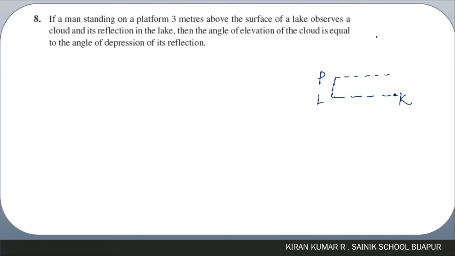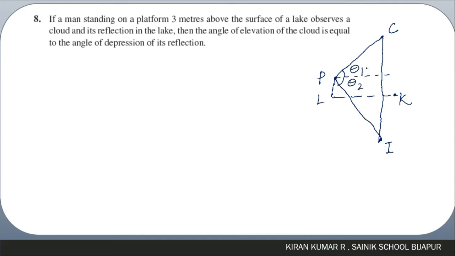There's a cloud at some point at the top. Let me mention the point as C, representing the cloud, and its image I'll mark as I. Let me join C with I, P with C, P with I, because from the platform he is observing the cloud as well as its reflection.